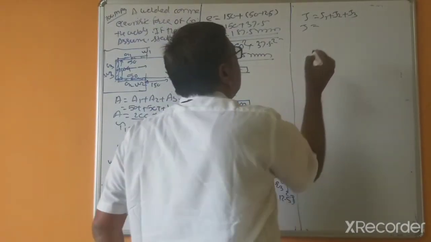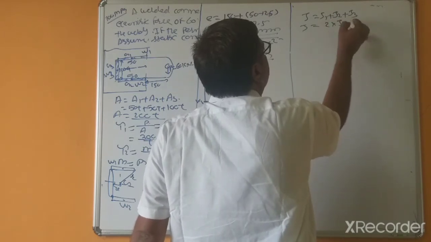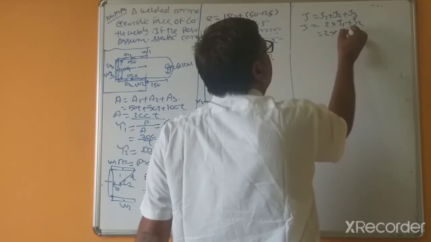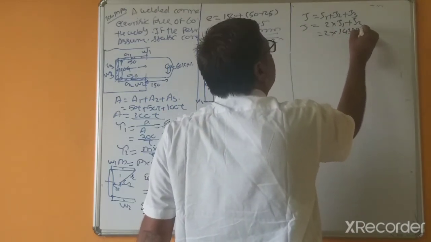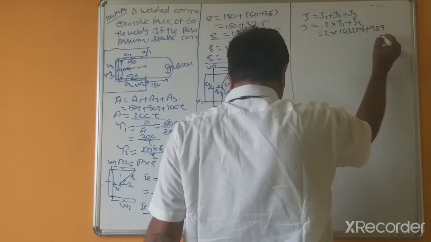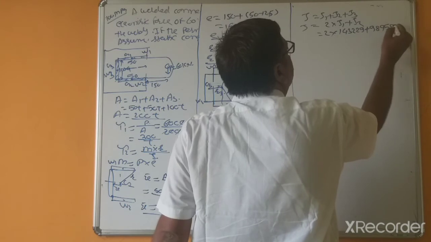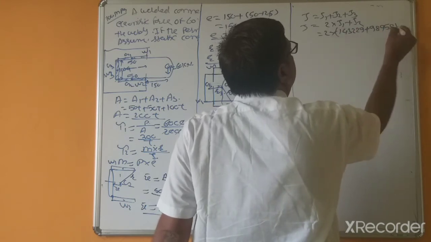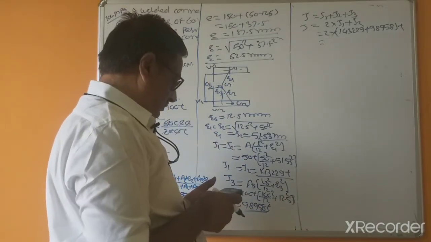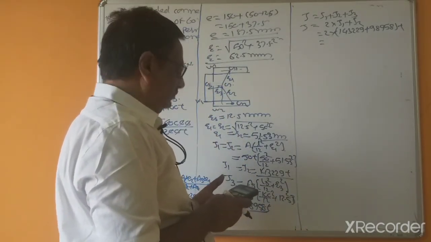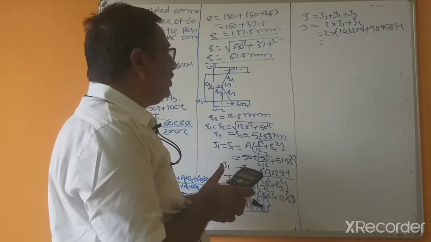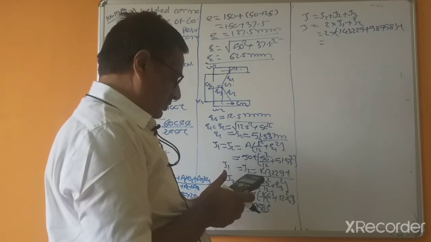That's why J equal to J1 plus J2 plus J3. This is 2 into J1 plus J3: 2 into 143,229 plus 98,958 T, plus 2 into 143,229.